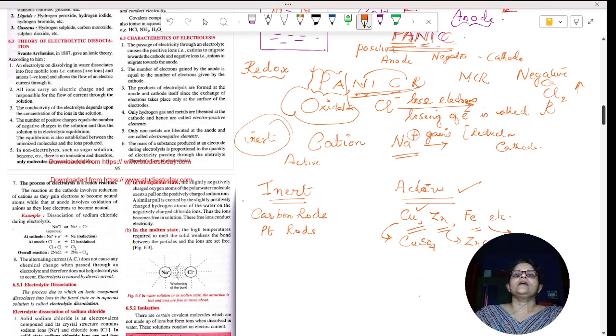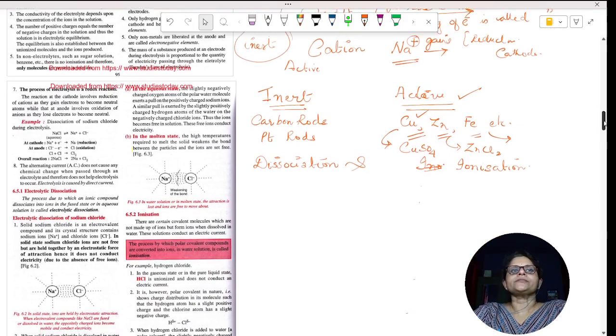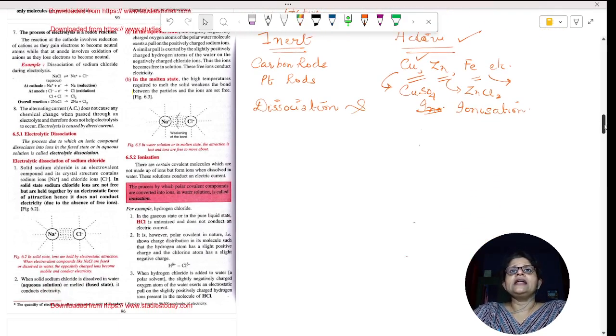And again, we have seen two words called dissociation and ionization. Sorry, the other two words that we learned in terminology are dissociation and association.